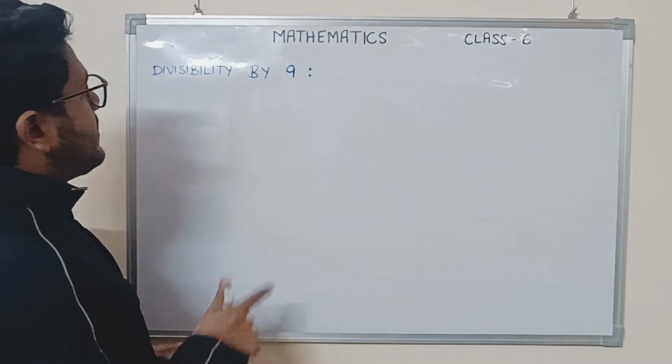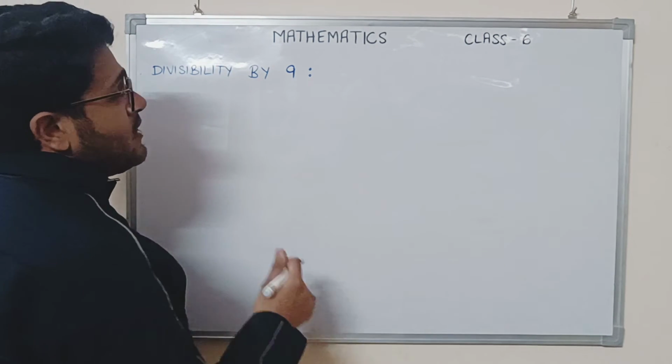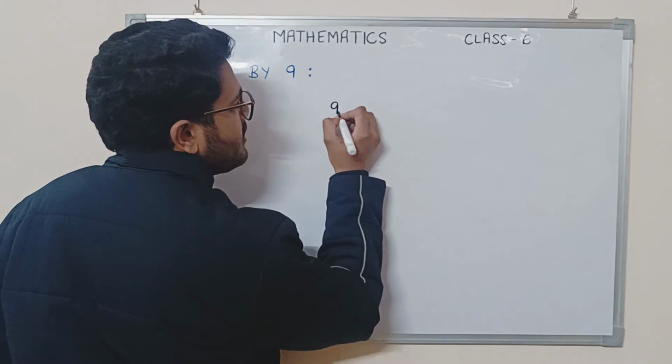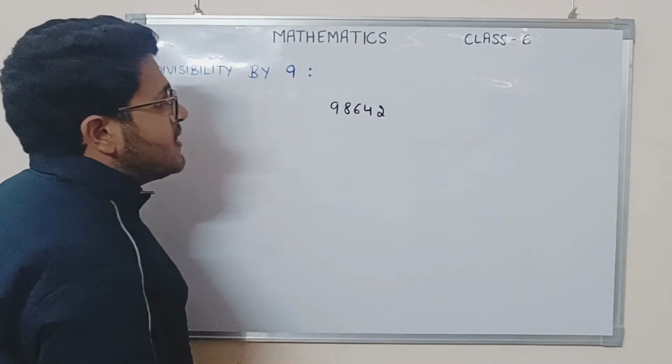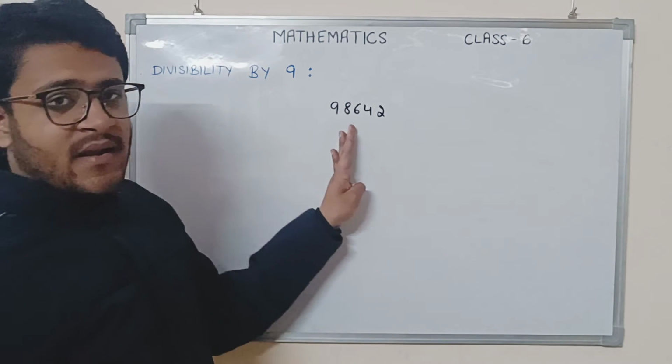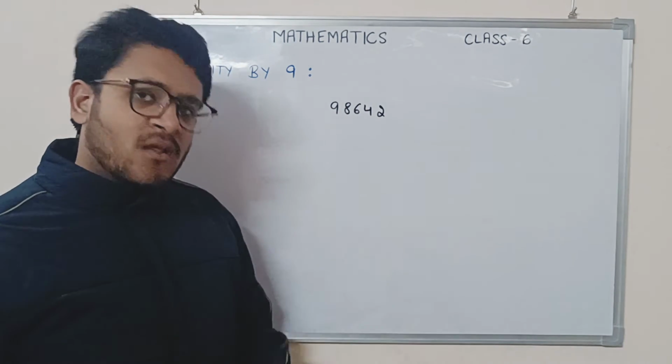So what divisibility by 9 says, if we have any number, let's say 98642, we need to find whether this number is divisible by 9 or not.